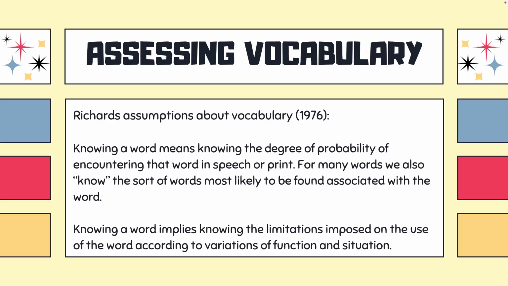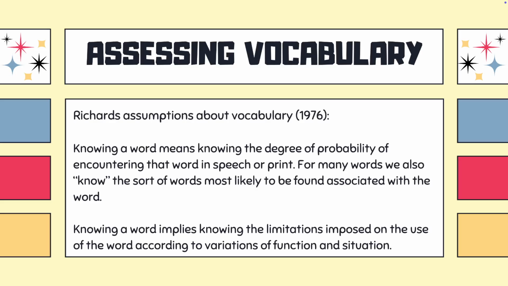Okay, knowing a word means knowing the degree of probability of encountering that word in speech or print. So for many words, we also know the sort of words most likely to be found associated with the word, like our collocations. Knowing a word implies knowing the limitations imposed on the use of the word according to variations of function and situation.